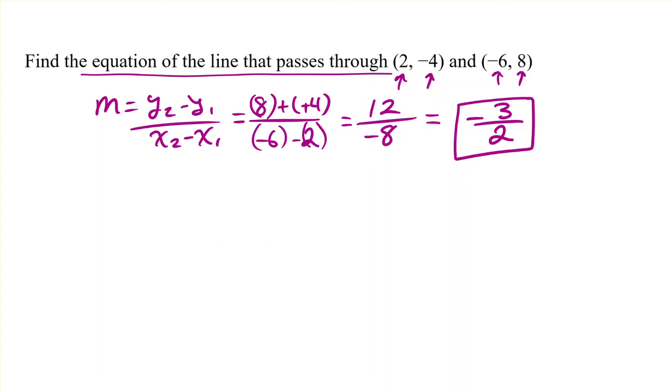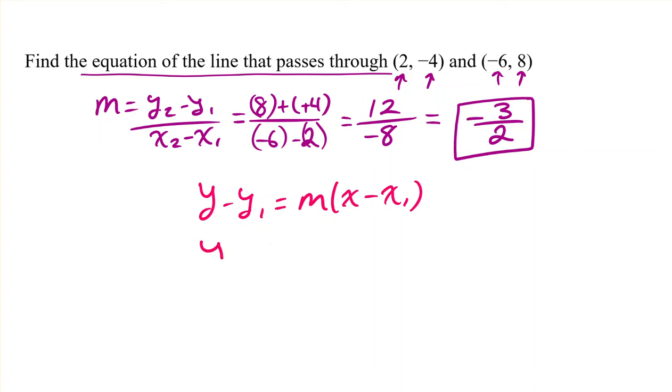Now we're going to plug that into our slope point form of a line. Remember, slope point is y minus y1 equals m times x minus x1. So pick one of these points. Which one do you want to pick? First one or second one? Whatever. Let's pick the first one.